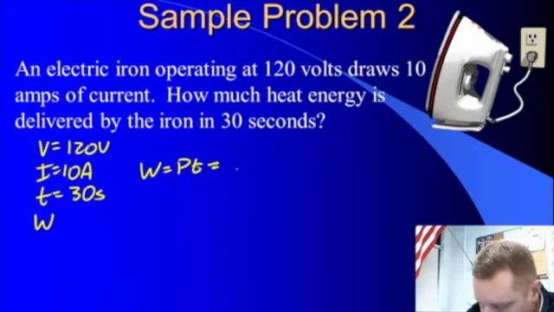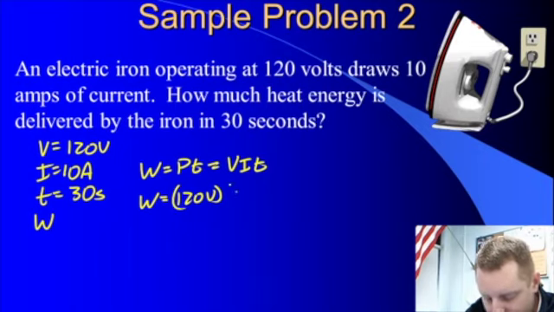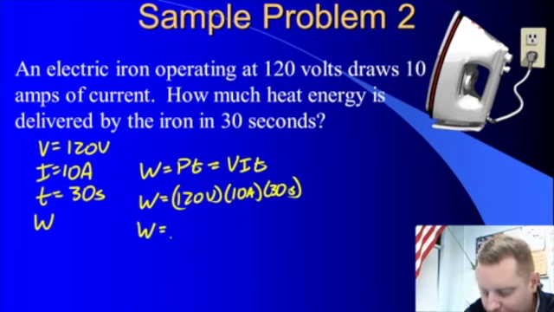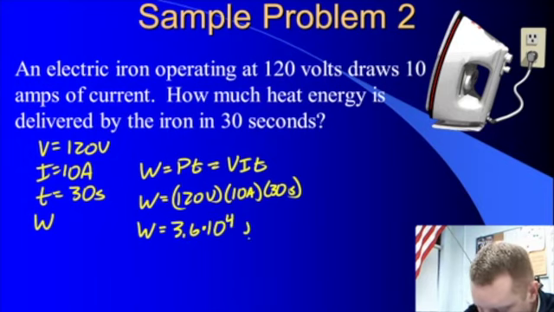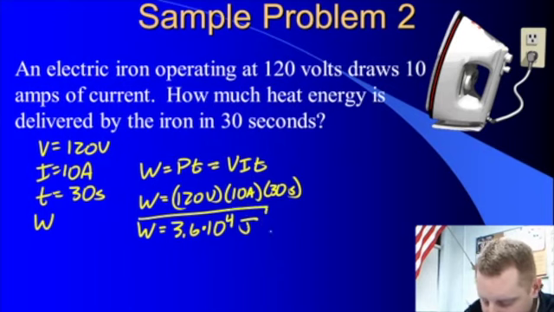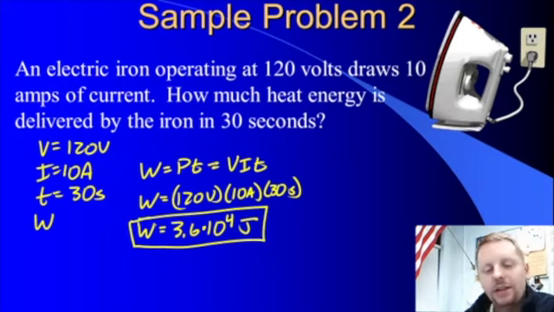So that's going to be VIt. When I substitute in with units, 120 volts times 10 amps times 30 seconds, I come up with a total amount of energy of 3.6 times 10 to the 4th joules. Just another manipulation of our basic equations for power and energy.